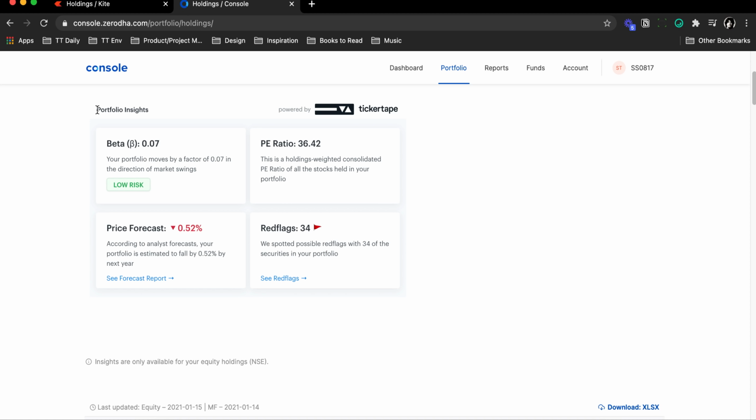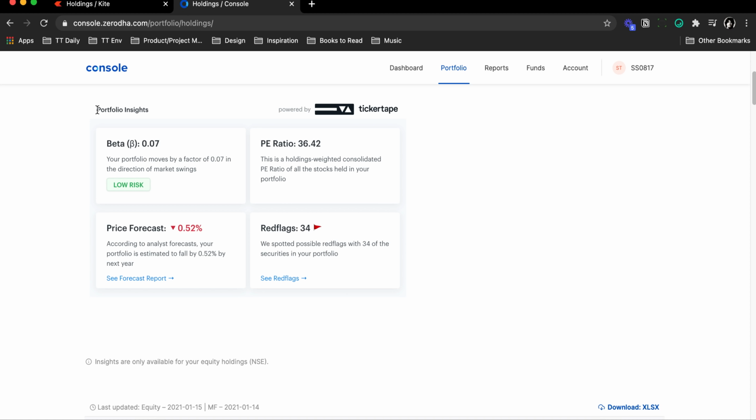And lastly, we look at some red flags, right? There are 4 major kinds of red flags that we look at. As you can see, the portfolio tool over here is indicating that there are 34 red flags in our portfolio. These red flags are on the basis of whether there's a high default probability, which means there's a high potential that the company you've invested in could default on one of their loans, right? Or a high pledged promoter value, which means the promoters of the company have pledged some of their holding in the company.